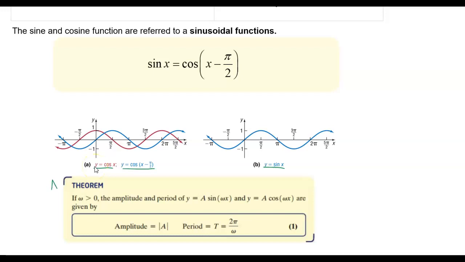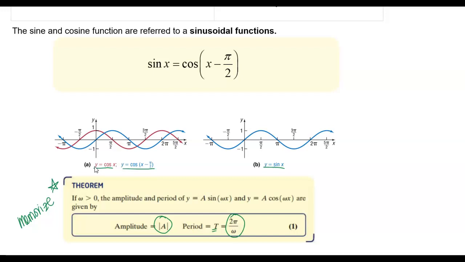Now, a big thing you need to memorize, because you will be tested on it, is the amplitude and the period. So when we have a function, if our omega is greater than 0, the amplitude and period of y equals a sine omega x and y equals a cosine omega x are given by: the amplitude is the absolute value of a, and the period T is 2 pi over omega.